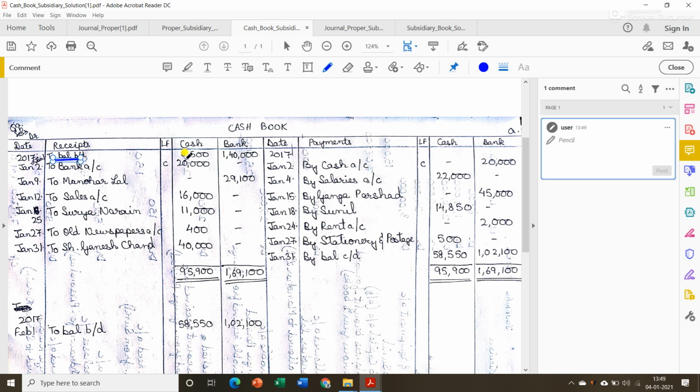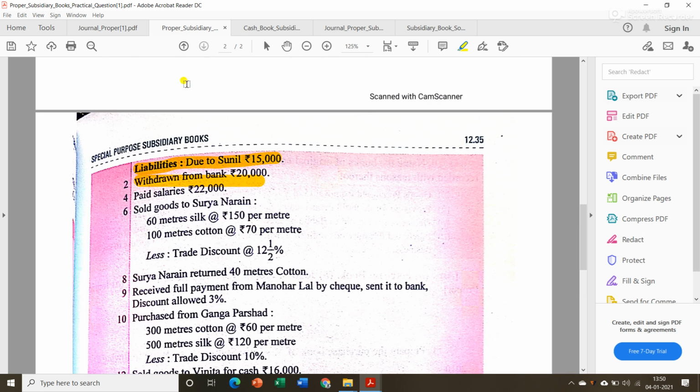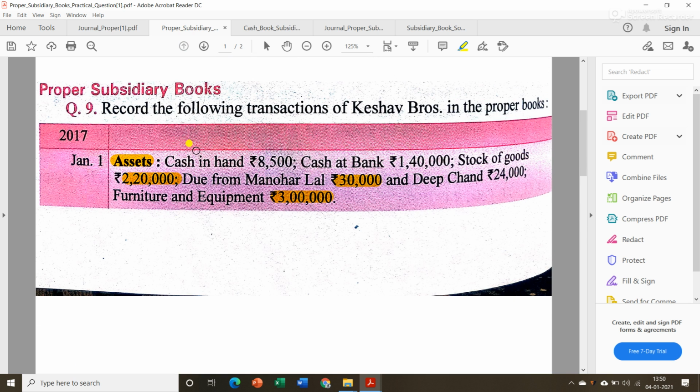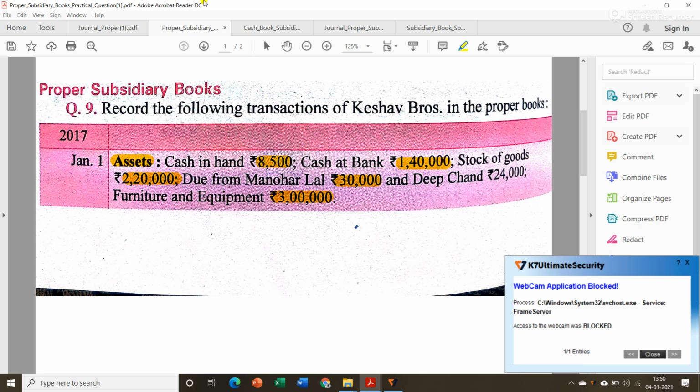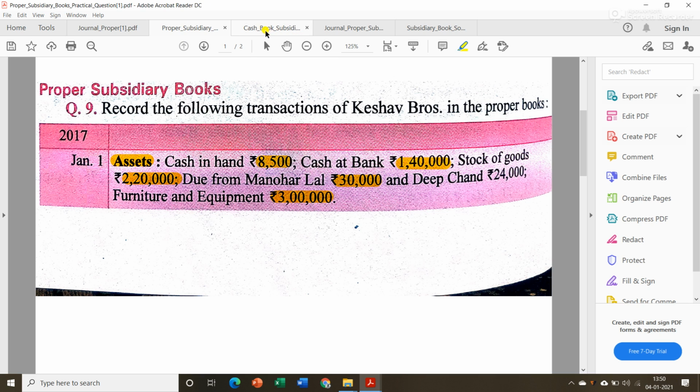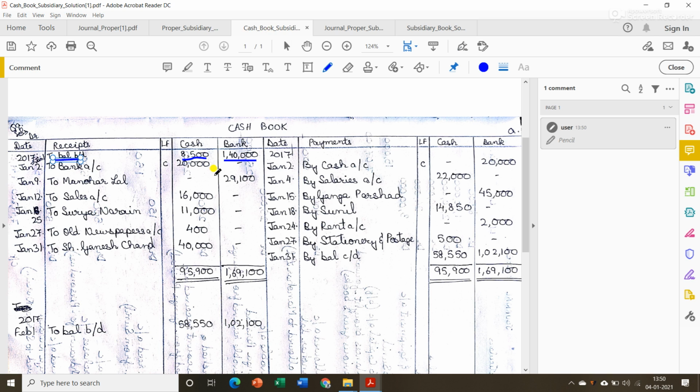That means we had cash amount of 8,500 and bank 1,40,000. Here you can see in assets we have cash in hand 8,500 and cash at bank 1,40,000. This is nothing but our balance brought down that we are going to write in our cash book.